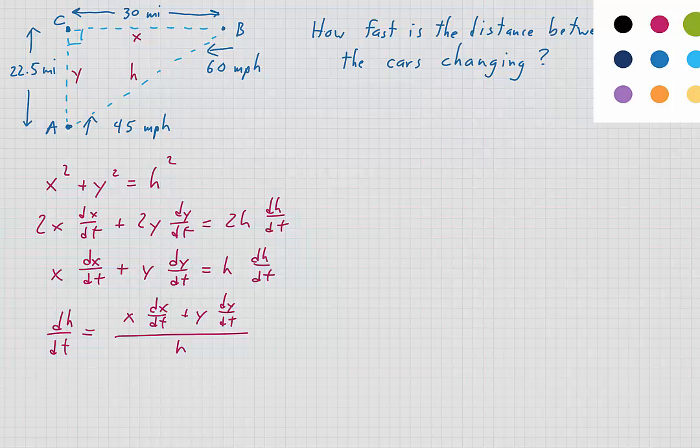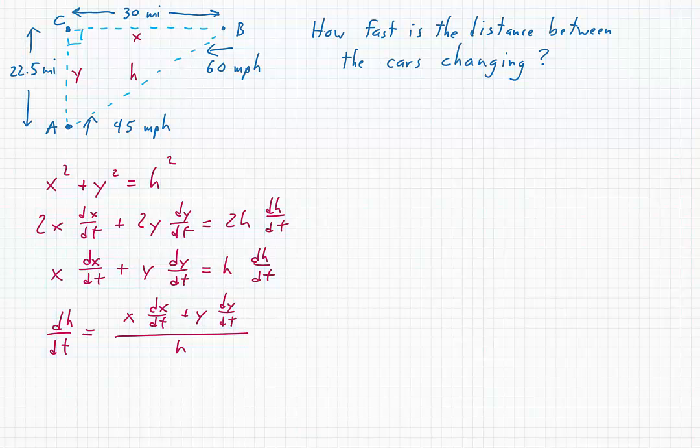The only thing that we don't know here is h, but we have a formula for h right here with the Pythagorean theorem. So let's go over to the side here and write for a moment that h squared is going to be equal to 22.5 squared plus 30 squared.